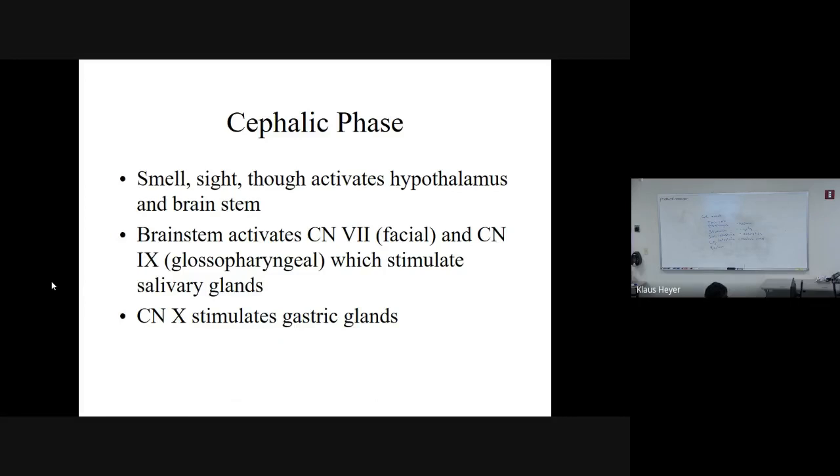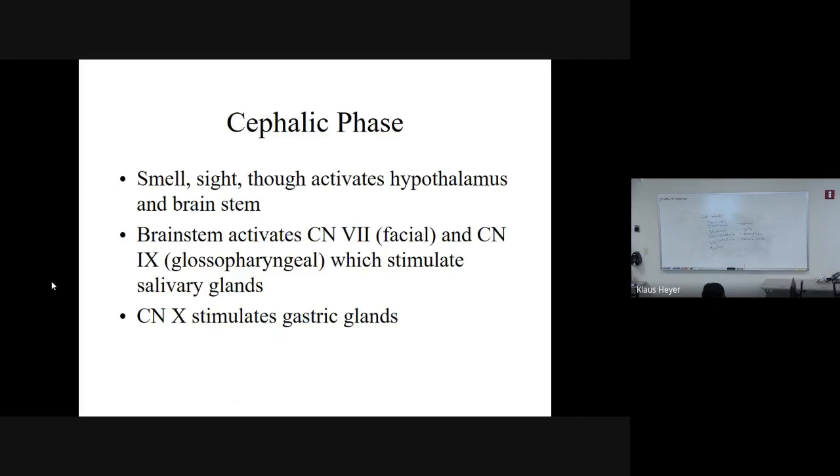Cephalic phase. You smell the cookie, it is going through your olfactory nerves into your brain, and the brain stem is activating the nerves in your face, which is hooked up to salivary glands, and you could just use the numbers here.